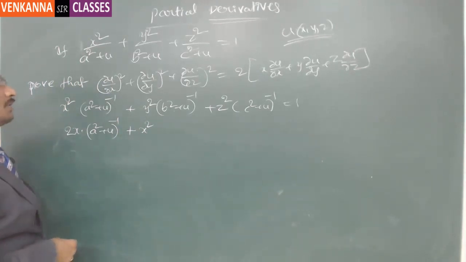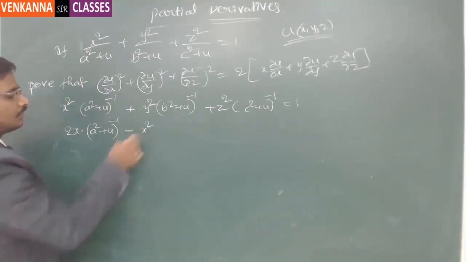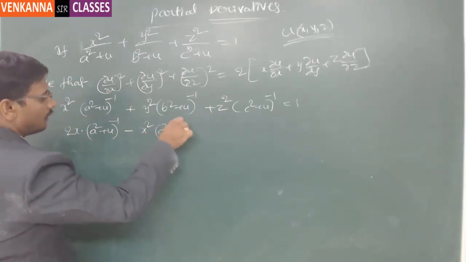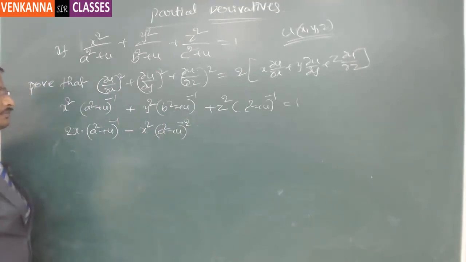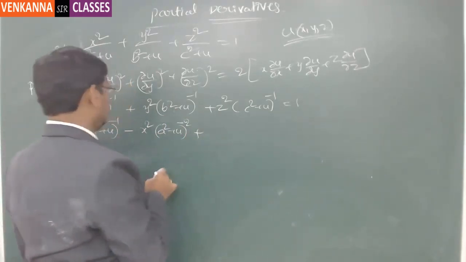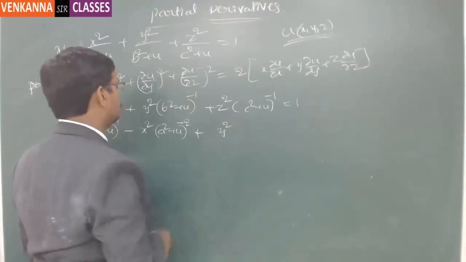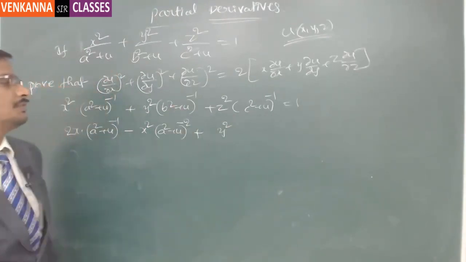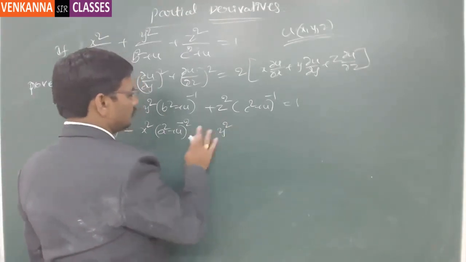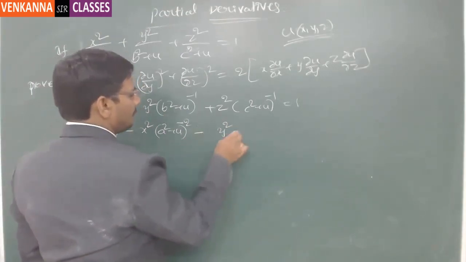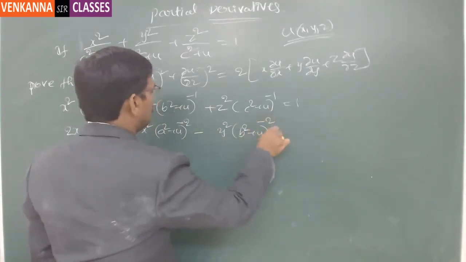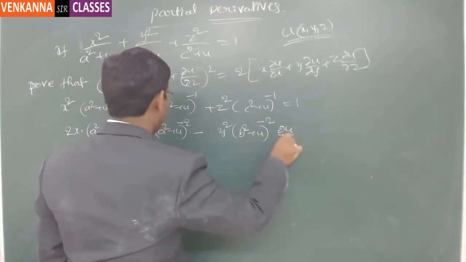So n into x^(n-1), n is minus 1, so this is (a²+u)^(-2). So plus y², so this will become minus, and then (b²+u)^(-2) into ∂u/∂x.